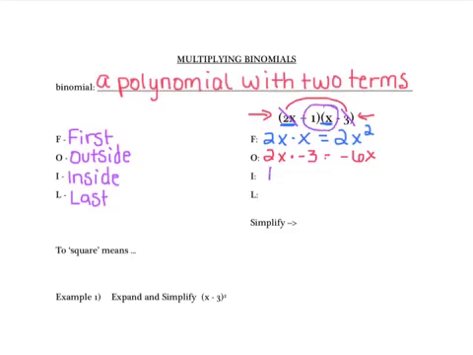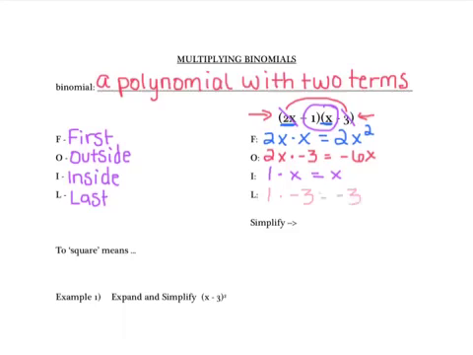So I'm going to multiply 1 times x, which is x. And then last, if the first ones were the 2x and the x, the last would be the last terms in each parenthesis. So that would be the positive 1 and the negative 3. And so you would do 1 times negative 3 and get negative 3.